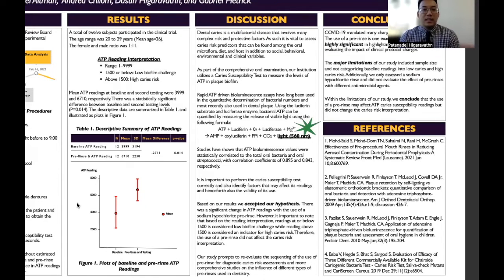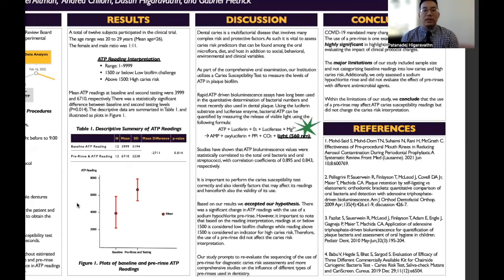Dental caries is a multifactorial disease that involves many complex risks and protective factors. Here at our institution, we perform a caries risk susceptibility test at every comprehensive oral examination to measure the levels of ATP in plaque biofilm.